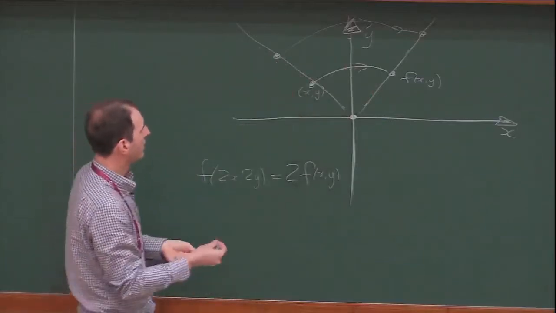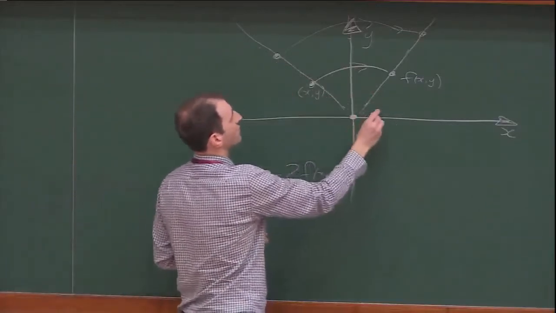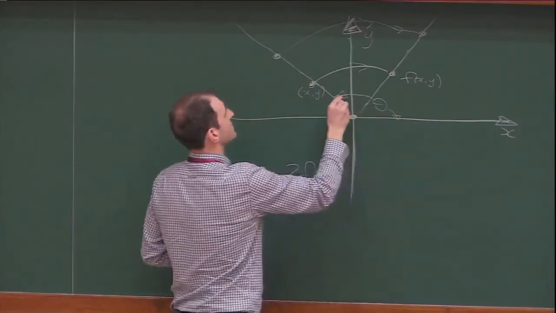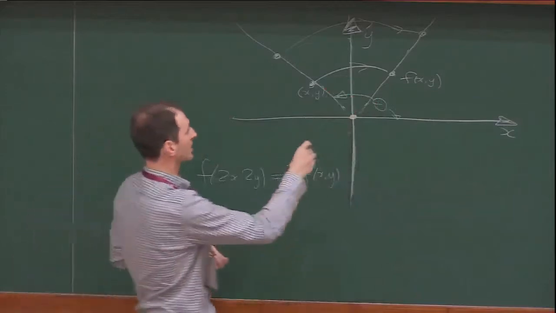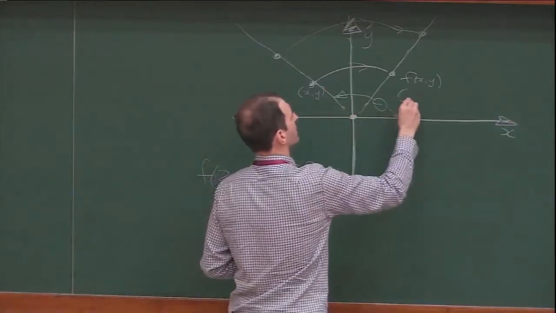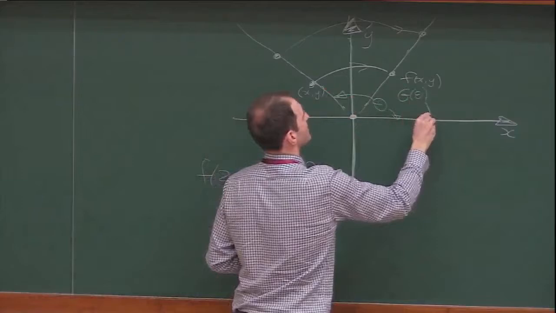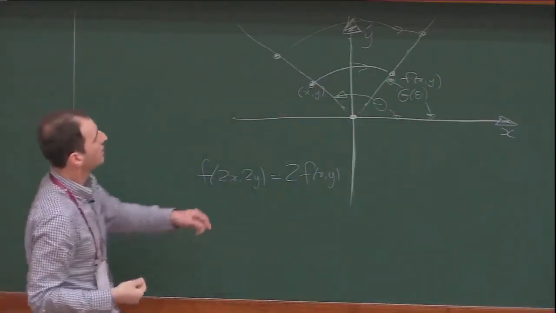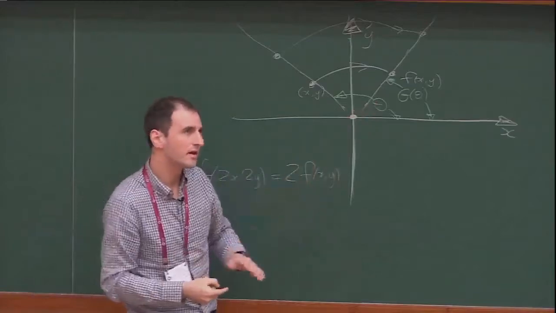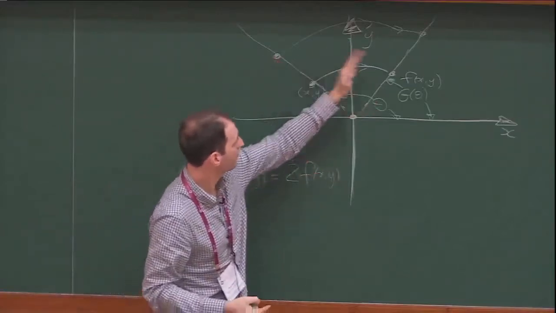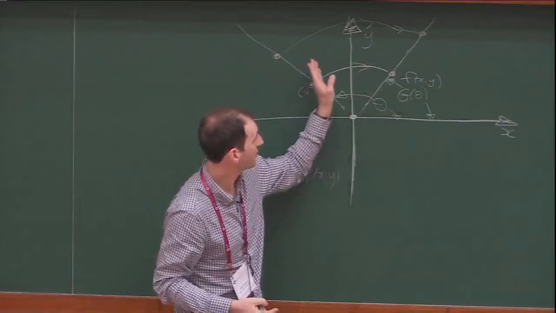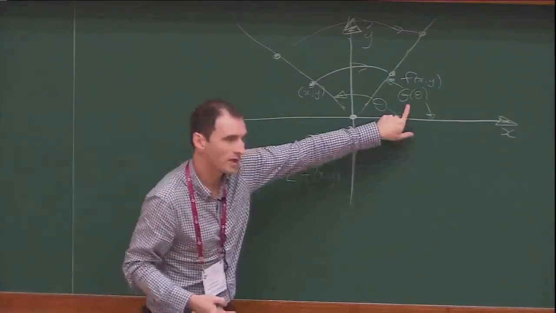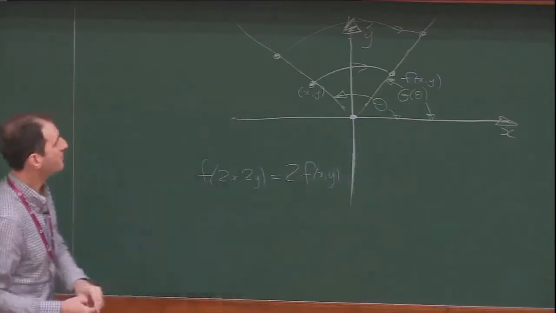If I call this initial angle theta, I can look at the resulting angle, call that some function g of theta. So the map is nice in that I can describe the rotation effectively with just a single one-dimensional map g.